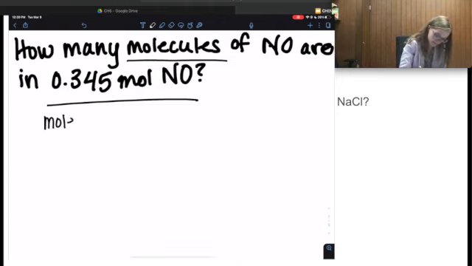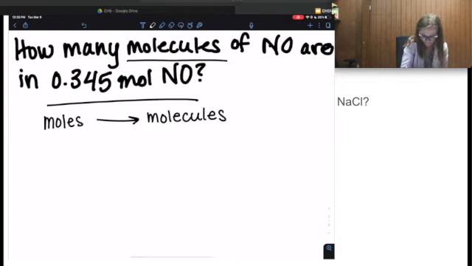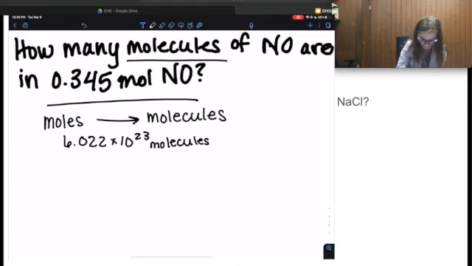So moles to molecules. All right, so again, I do have a relationship that directly links moles to molecules, and that is there are 6.022 times 10 to the 23rd molecules in 1 mole.